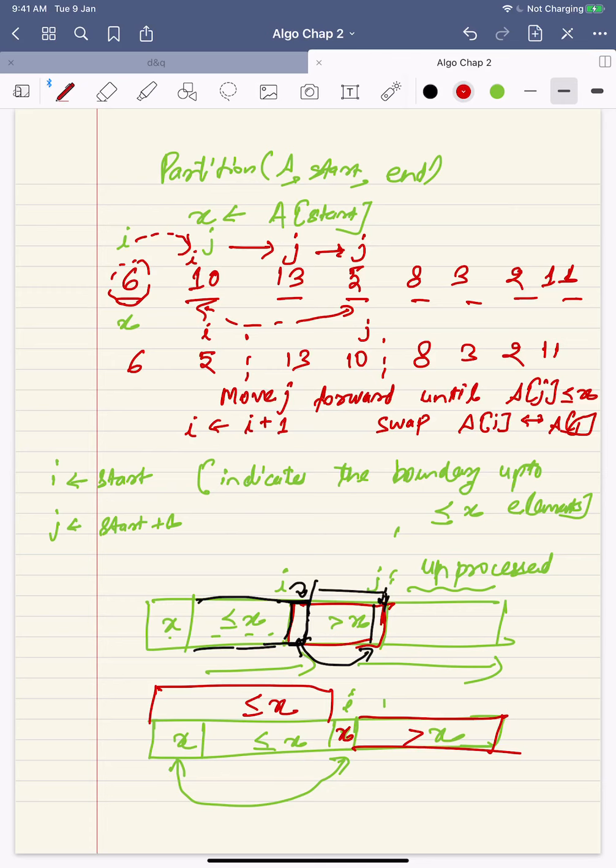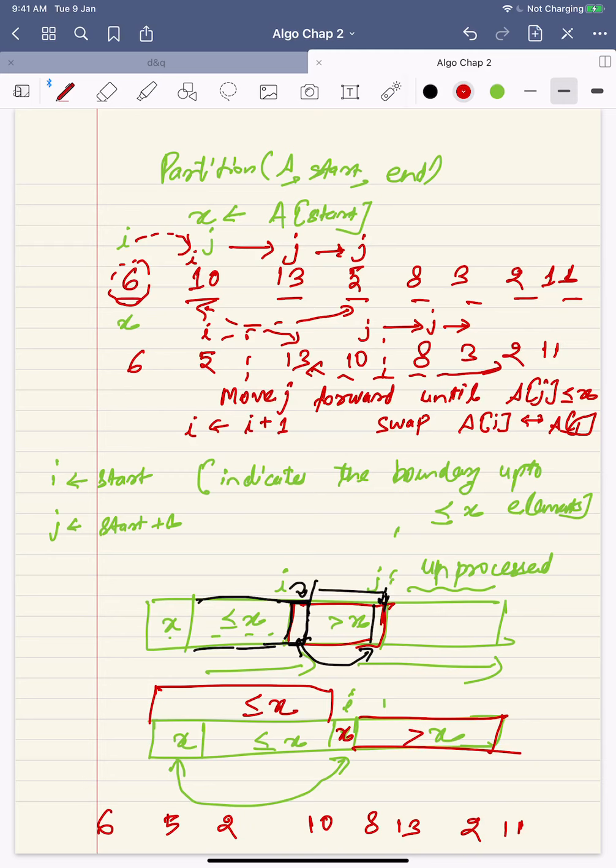So you will go forward with j greater than x, nothing to be done. Again go forward with j less than x. So you swap. How do you swap? You first move I and then swap this with this. So what will be the value now? 6, 5, 2, 10, 8, 13, 2, 11.